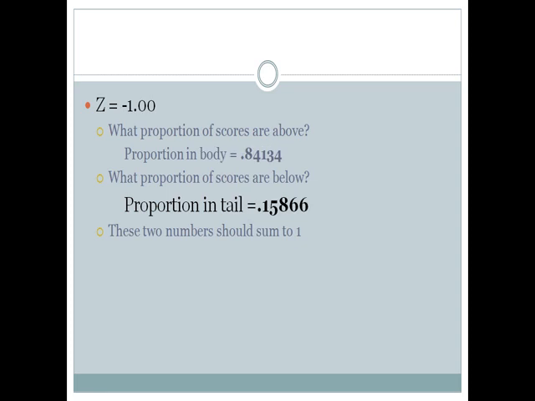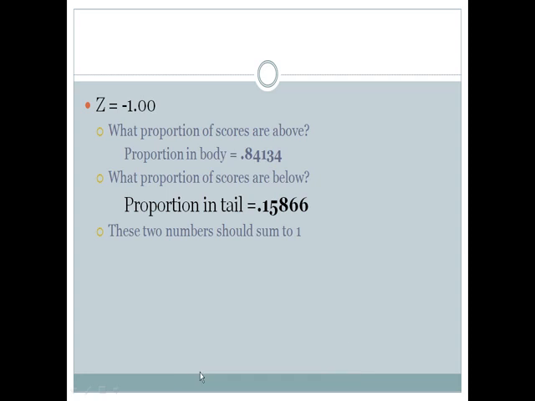Luckily, because the perfect normal distribution is perfectly symmetrical, the information that we find for positive z-scores can help us for negative z-scores. We just have to switch the numbers around. For a z-score of negative 1, we flip those numbers. The proportion in the body is 0.84, and the proportion in the tail is 0.16.